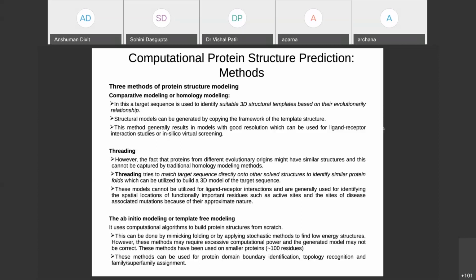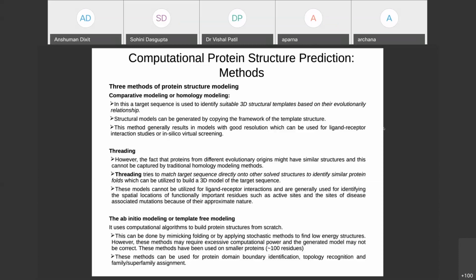So basically, the first step is you have to identify a 3D template. Then structural models can be generated by copying the framework of the template, or you can say the skeleton of the template is copied and then side chains are grown. So in that way you can create a 3D structure of another protein.